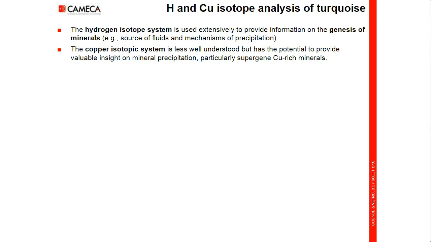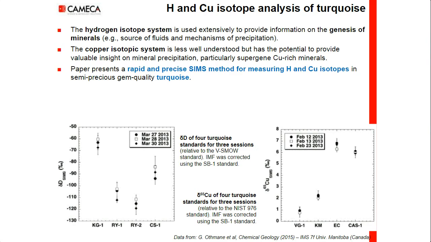The copper isotopic system is less well understood, but has the potential to provide valuable insight on mineral precipitation, particularly supergene copper-rich minerals. This paper presents a rapid and precise SIMS method for measuring hydrogen and copper isotopes in semi-precious gem quality turquoise.